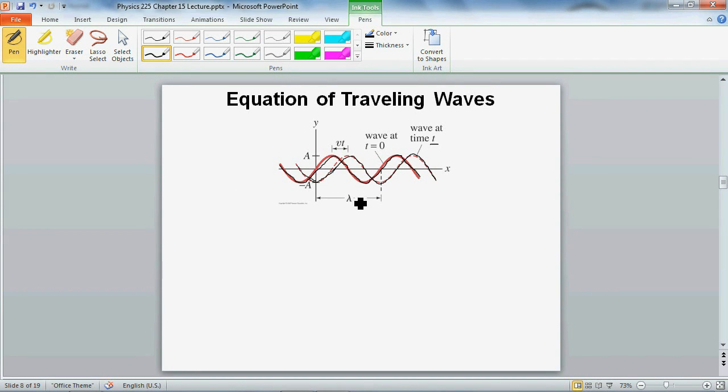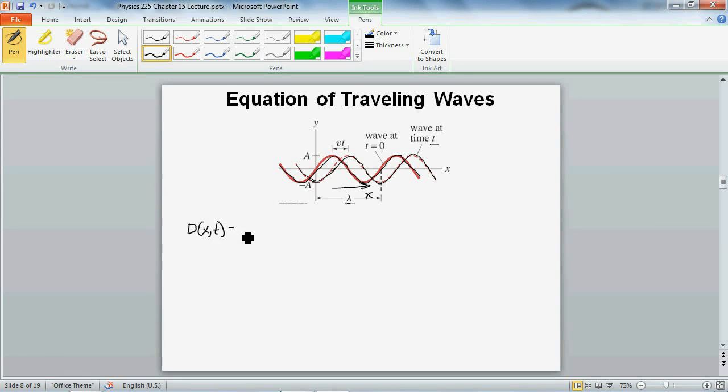Well, we have a wavelength, so we have a distance, and this is the x direction. So we're going to have some distance variable plus some time variable. So we'll call our wave equation d, and it's going to be a function of two variables, x and t.